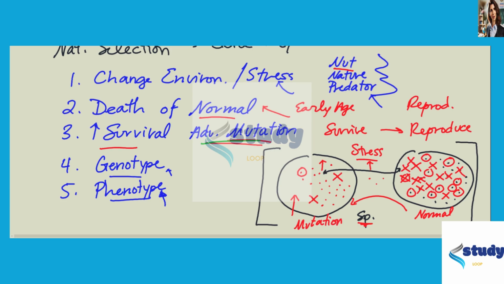And eventually it gets to the point where you're going to have so little of this normal population that your normal population is actually going to be the one with that mutation. So these will be measured with the number of genotypes being expressed. And as they become more dominant and the traits actually become more displayed, you're going to see the phenotype more common in the organism.